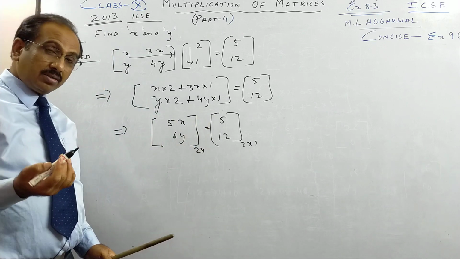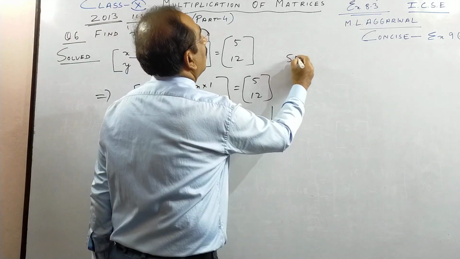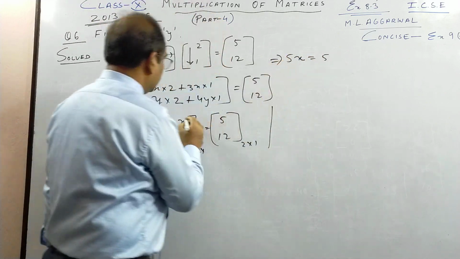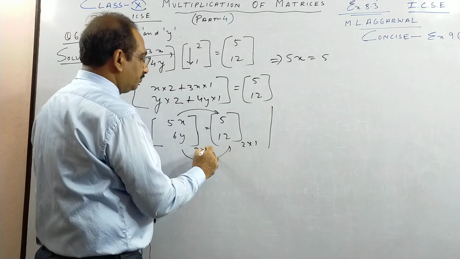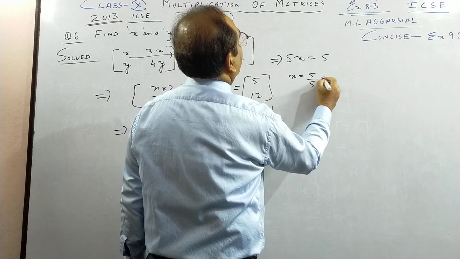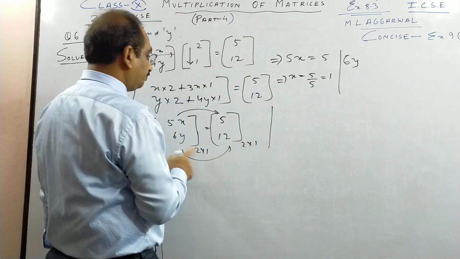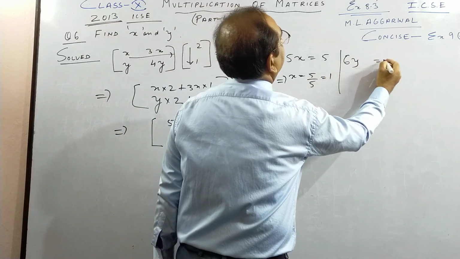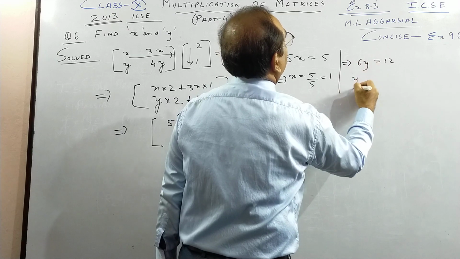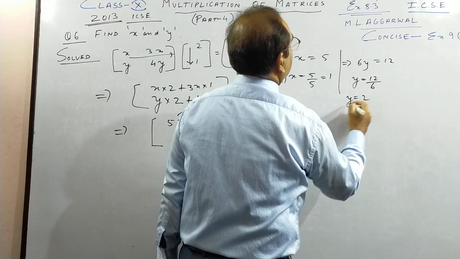And the second thing we learnt is that their corresponding elements are equal, meaning 5x is equal to 5. These are called corresponding elements. So x is 5 by 5, which is 1, and 6y, if you see, is 12. So this implies 6y is 12, y is 12 by 6, so y is 2.